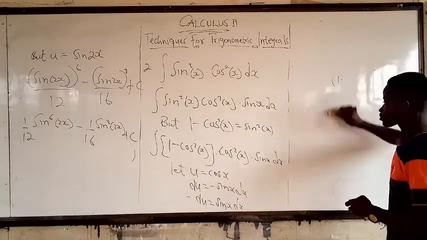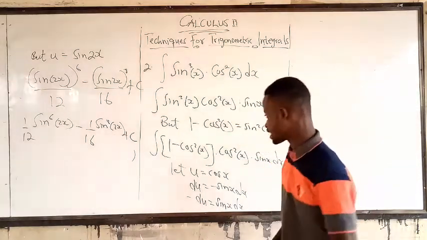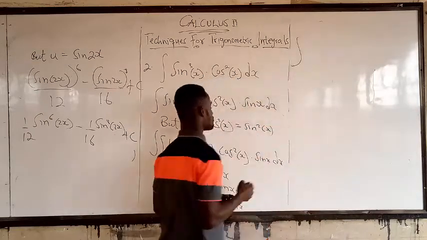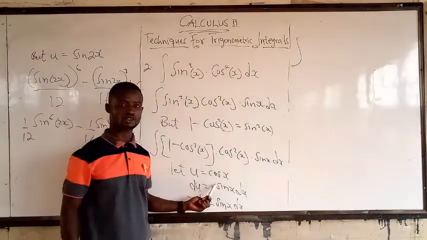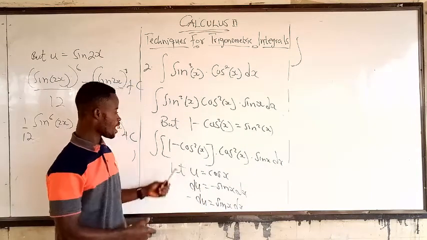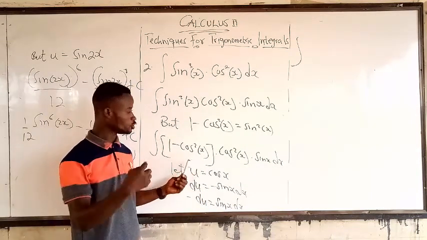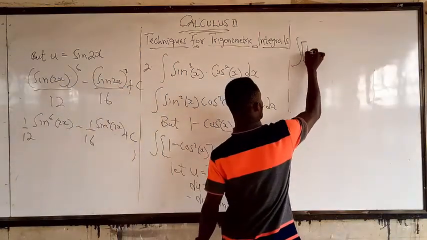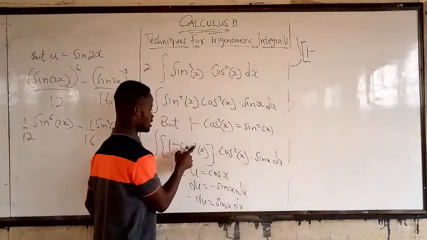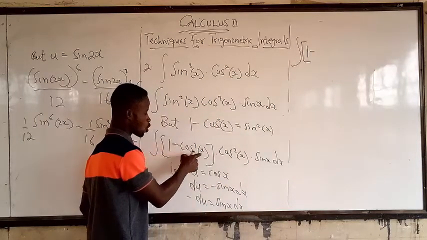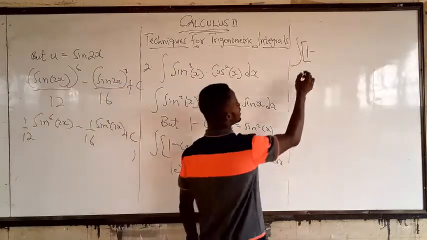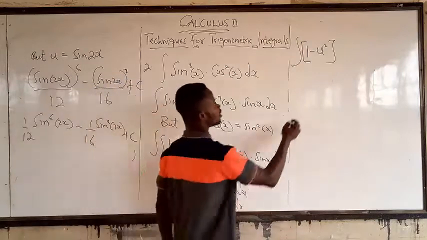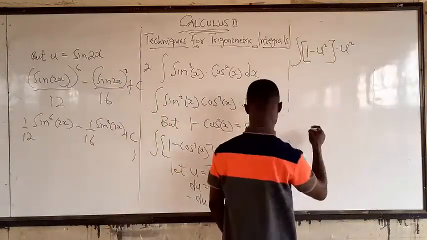So by substitution, we can see that here we have already set our u to be equal to cos x. So wherever you see cos, put u there. Very good. So we get 1 minus, but don't forget, this is the same as cos all squared. So we get u squared, then you close it, squared.